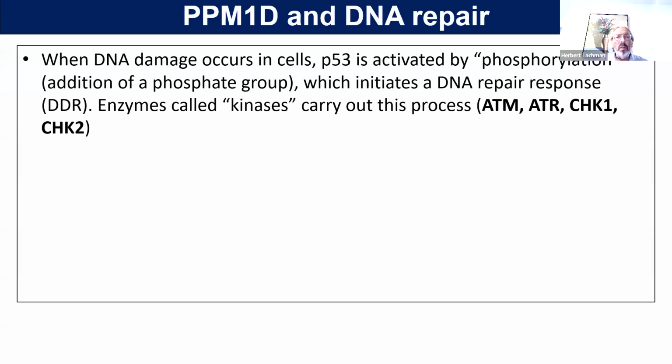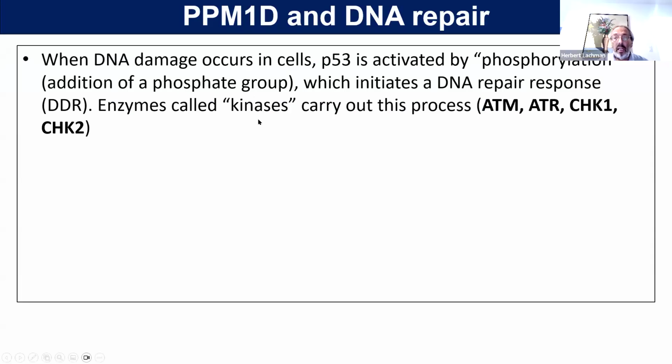So first, a review of DNA damage response, which I think many of you already know. A central player in this is p53, a protein that is activated when DNA damage occurs. It's activated through the action of these kinases, ATM, ATR, CHEK1, and CHEK2, which add a phosphate group to p53, causing its activation.